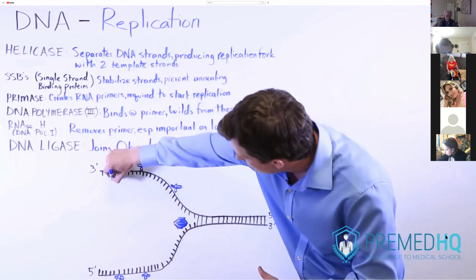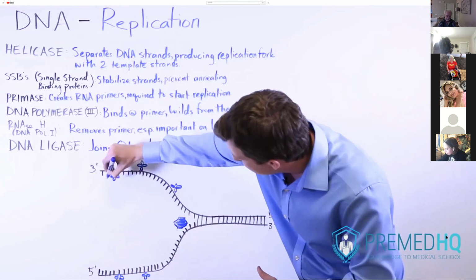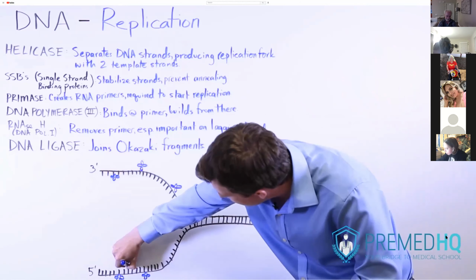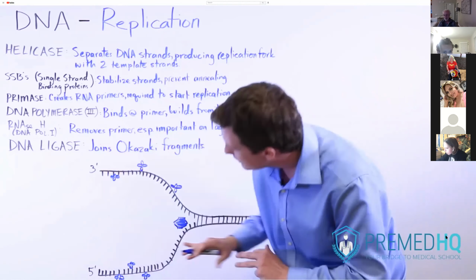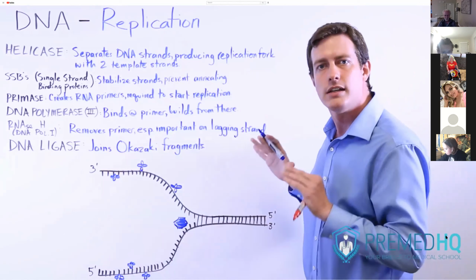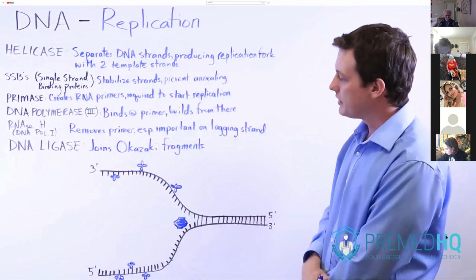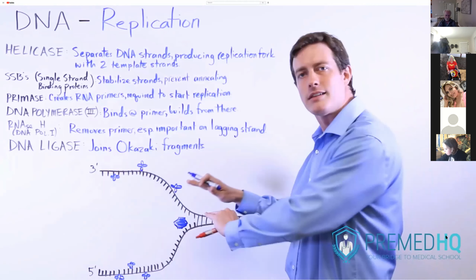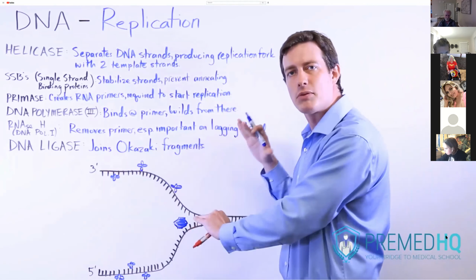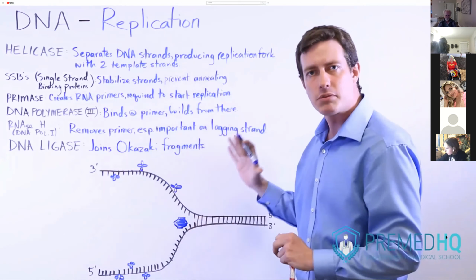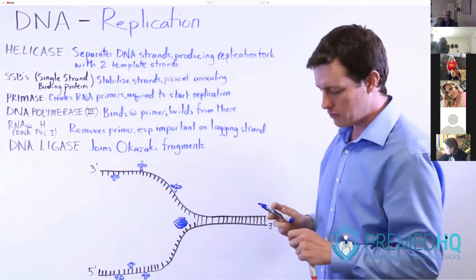And some of them will show up down here like this. Essentially, they just bind to each template strand, each single-stranded template component. And this is important because it prevents the annealing and thus allows these 2 strands to be separate and allows the replication process to continue to move forward.